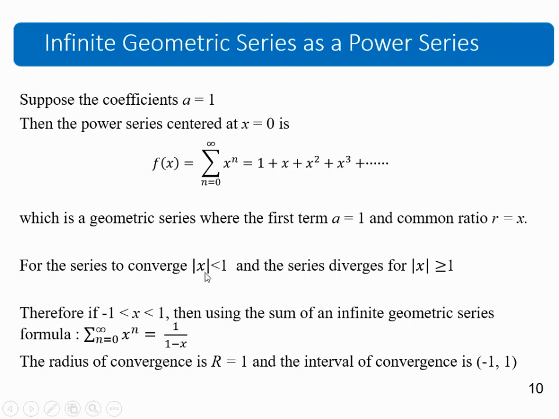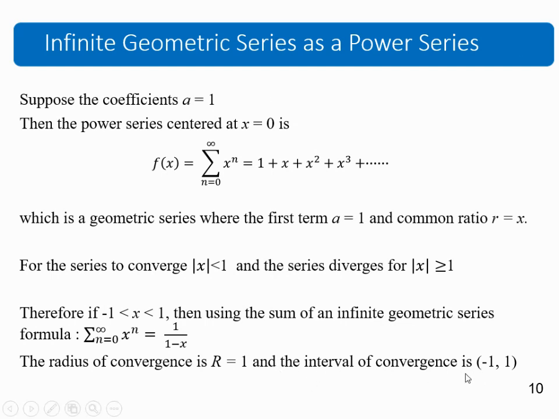When we say absolute value of x less than 1, this 1 right here, that is our radius of convergence. When you have this absolute value expression and it's less than whatever is over here, that is your radius of convergence. Most often it's 1, and we'll find other problems where it's not going to be equal to 1.